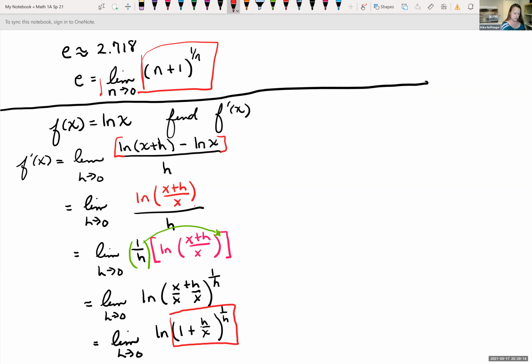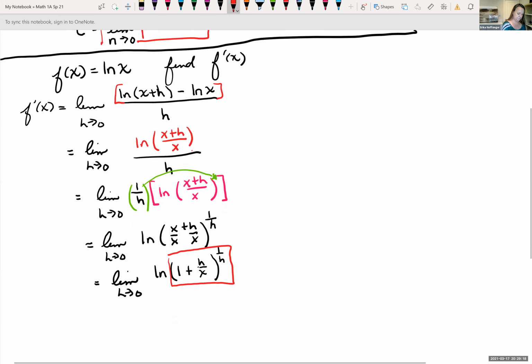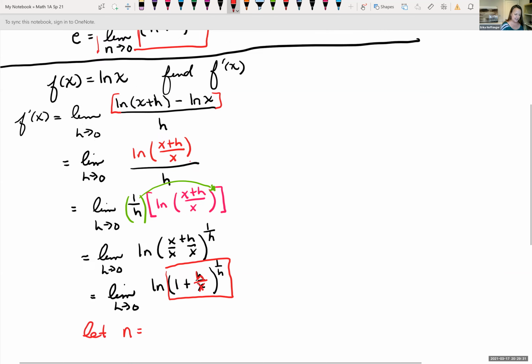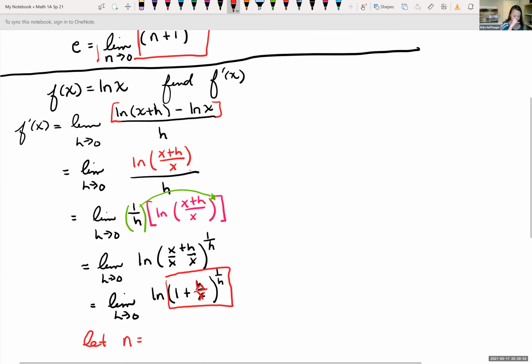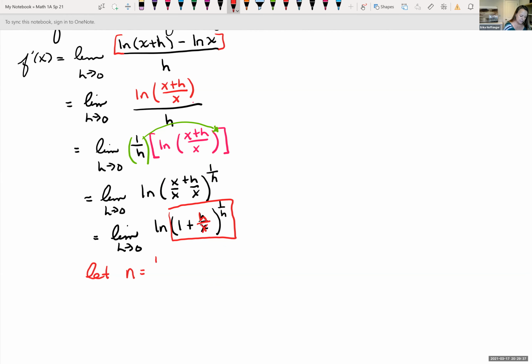Okay, so maybe we can let n equal this h over x. Then I would have that 1 plus n value there. So let n equal h over x.